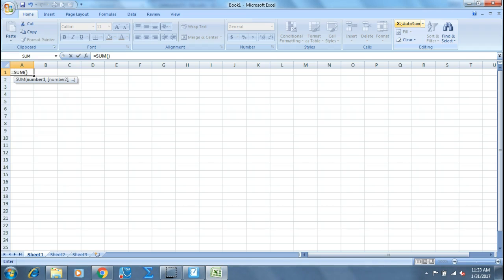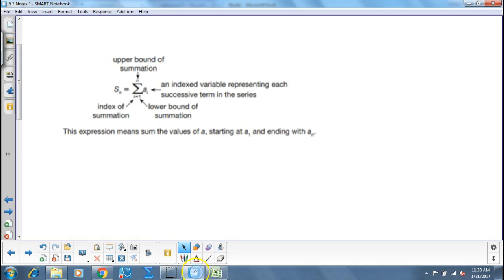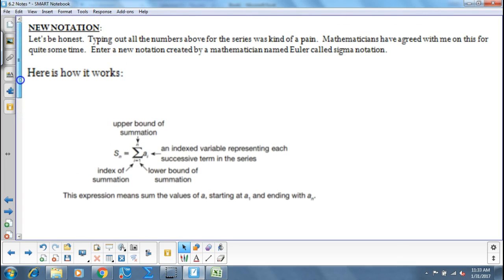It's the sum. Okay? So sigma is a common math symbol. It's the big old E. That's how we write sigma.